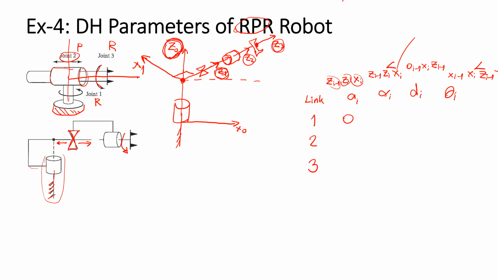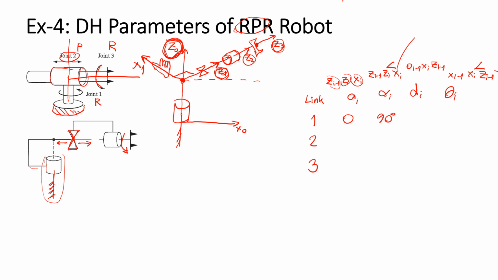If we find the direction difference between Z0 and Z1 about X1, it will be 90 degrees.